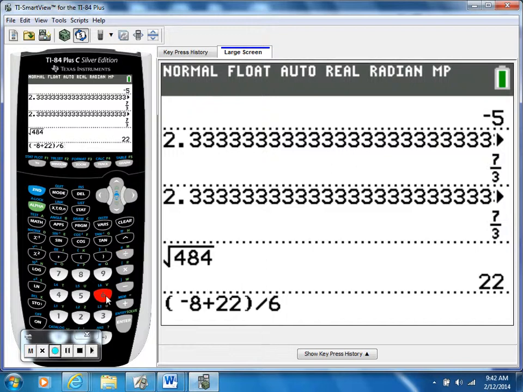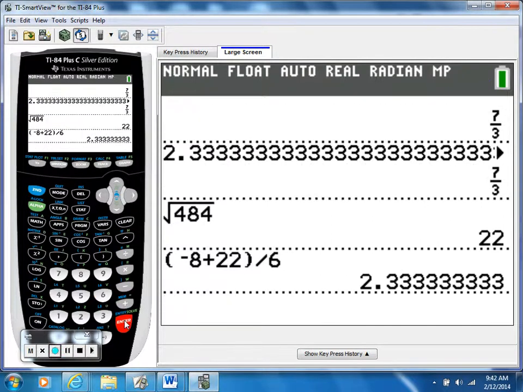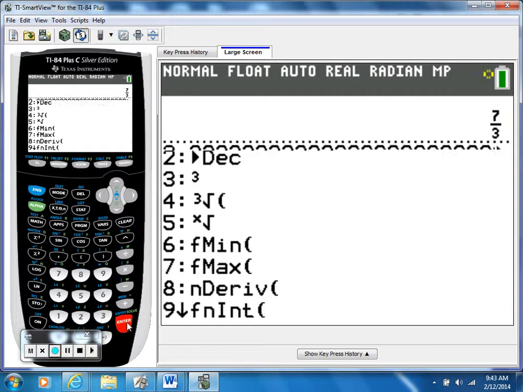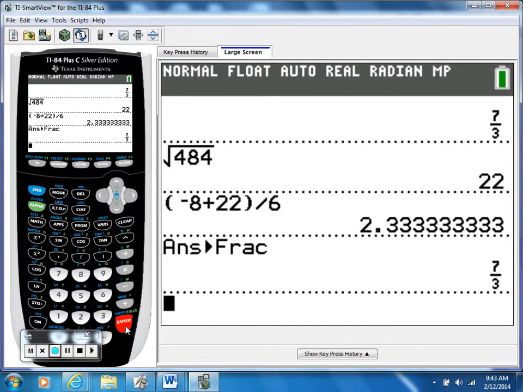Divided by 6. Well, I don't want the decimal. How do you change it to a fraction? Math, enter, enter. Okay. Don't give me decimals unless there's no way to change it to a fraction. So for the top one, we're going to write 7 over 3.